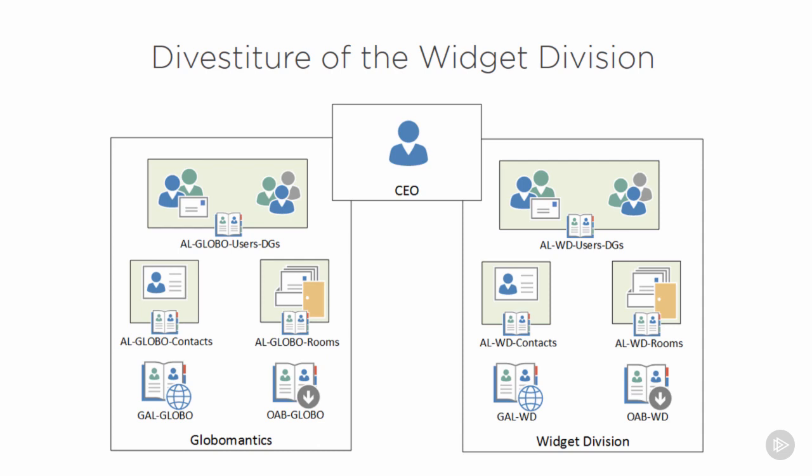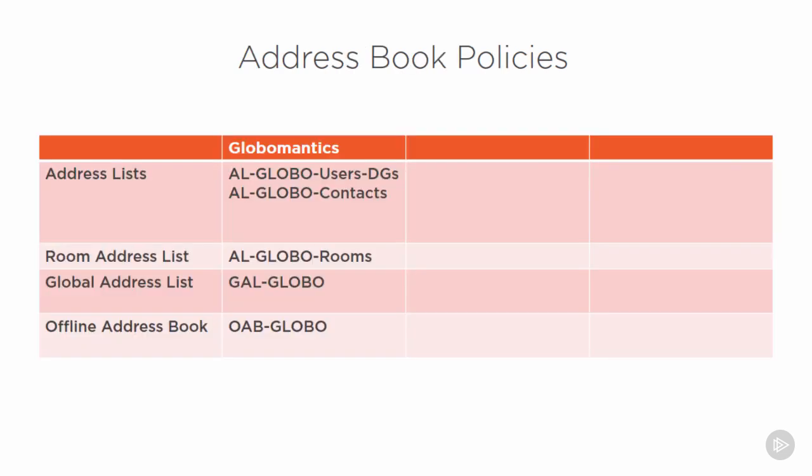To make that possible, we're going to need to construct address book policies. We'll need one for Globomantics, and an address book policy is made up of address lists, a room address list, a global address list, and an offline address book. So for the Globomantics company that will remain, they'll need address lists, and we'll just follow a naming convention of AL for address list and Globo for the company, one for the users and the distribution groups, and then one for the contacts.